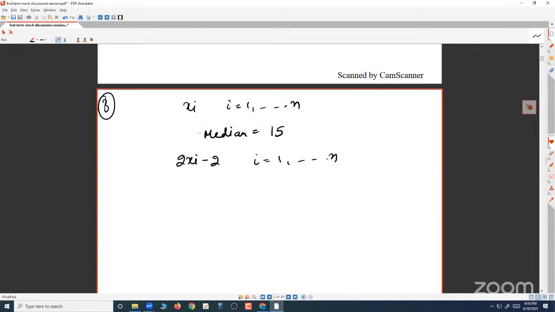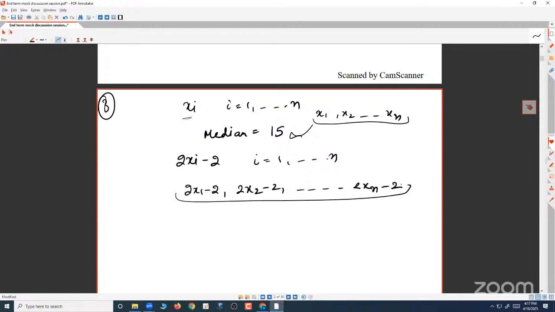So if xi values are x1, x2 till xn, my median for this data is 15. Now my data is 2x1 minus 2, 2x2 minus 2, up to 2xn minus 2, correct?